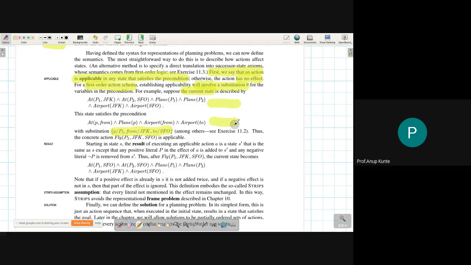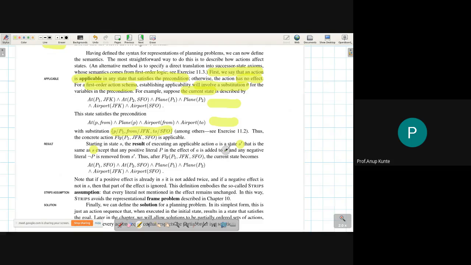Okay, now the result: starting in state S, the result of executing an applicable action A is state S', that is the same as S, except that any positive literal P in the effect of A is added to S', and any negative literal not P is removed from S'.